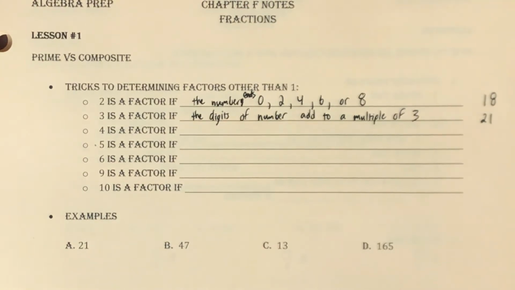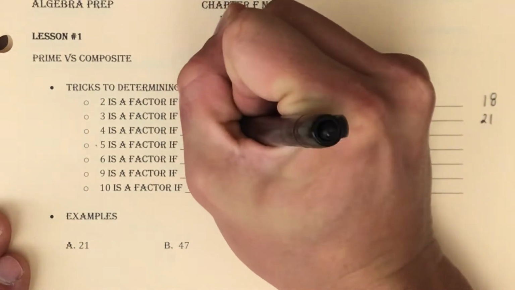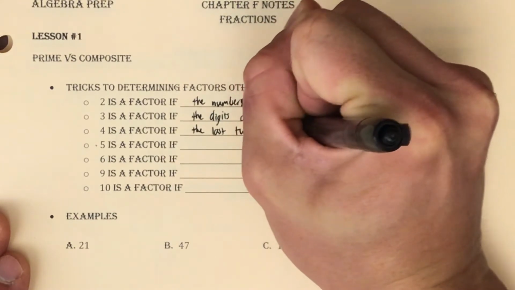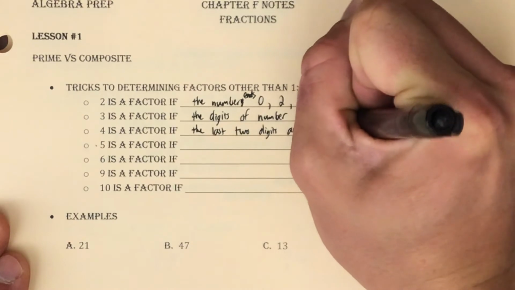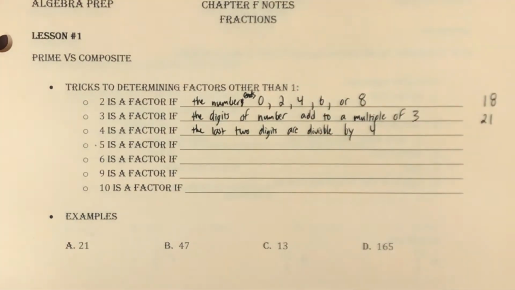Now 4 is a factor if the last 2 digits are divisible by 4. So can 4 go evenly into the last 2 digits? It really doesn't matter if it has 16 digits in front of it. If the last 2 are divisible by 4, then you know it's going to be divisible by 4.